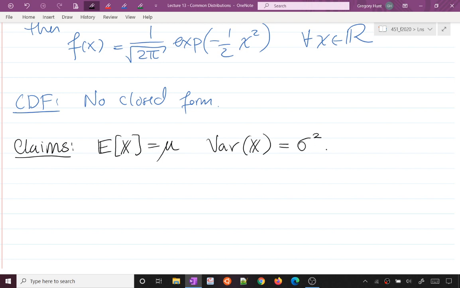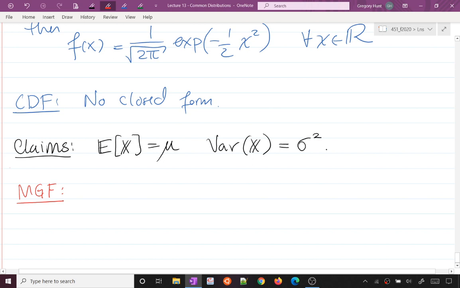You could directly brute force calculate the expected value, calculate the expected value squared, and then use that to get the variance. But here's a case where using the MGF is going to get us to a really nice result, and these values are going to be easy to derive. So let's instead look at the MGF, and let's derive what the MGF is.